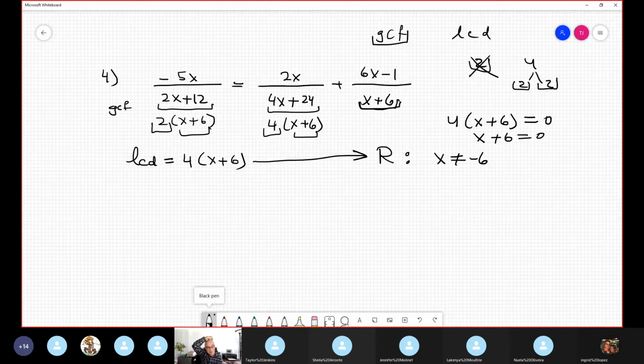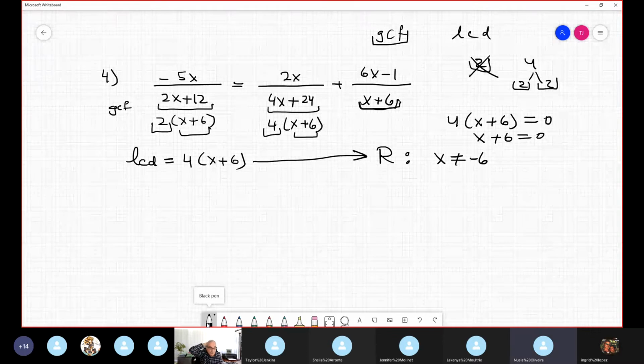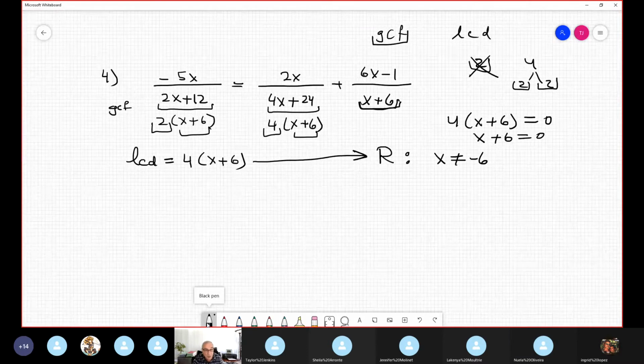Okay. What is the next step? Multiply everything by the LCD. But let's do it by the shortcut. Shortcut is, I put in my mind like that, 4 over x plus 6.